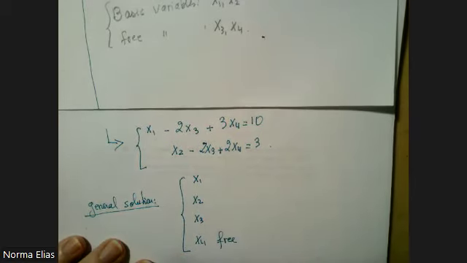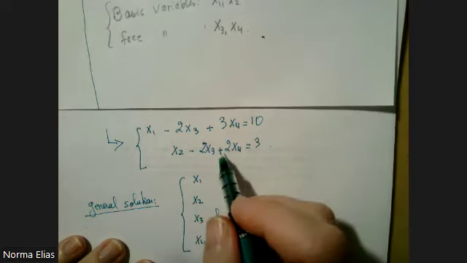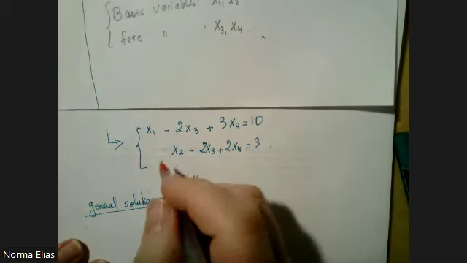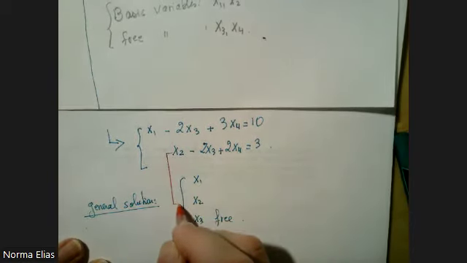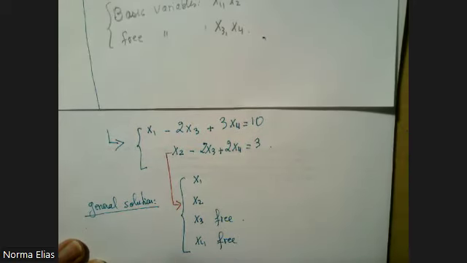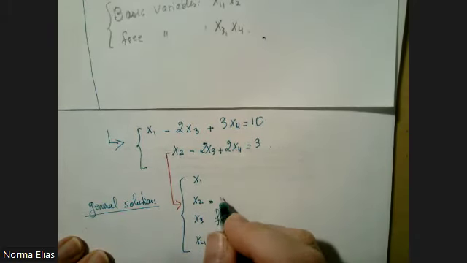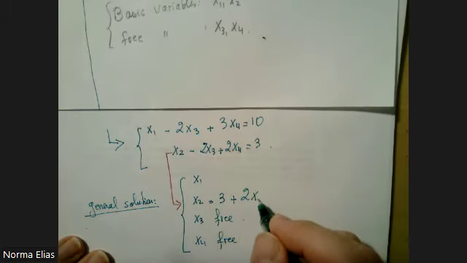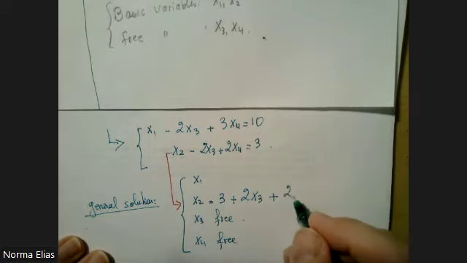We write free. x3 is free. We write free. x2, I should be able to express it in terms of those. So now this x2 here is going to help me to solve. So what is x2? It's 3. I solve for it plus 2x3 plus 2x4.